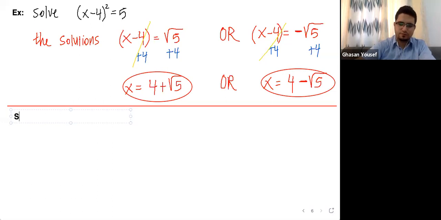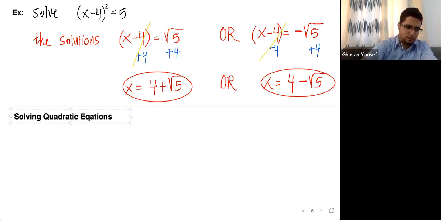So here, solving quadratic equations by completing the square.